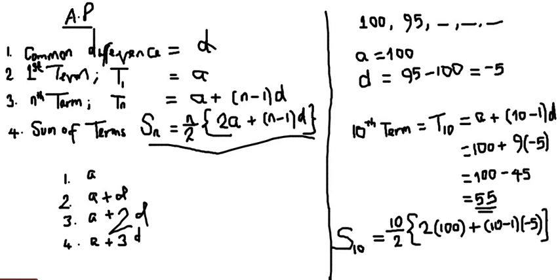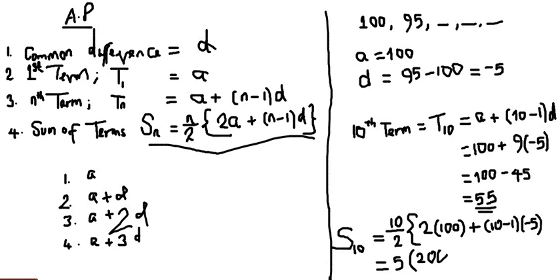So we simplify that expression and get our result. Here, 10 over 2 is 5. Here, 2 times 100 is 200.